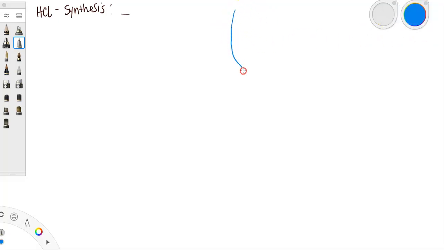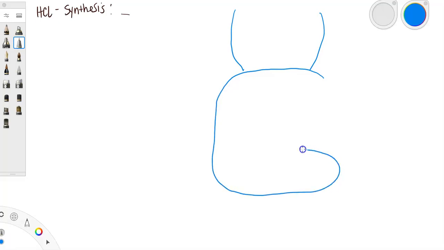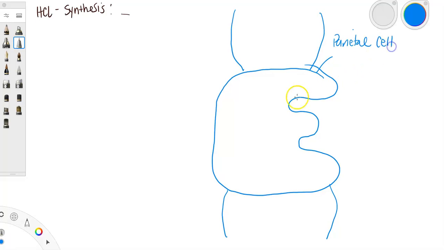So like we have a cell here, whatever that cell is, and then now we have a parietal cell. Okay, so this is the parietal cell, and that's where hydrochloric acid synthesis occurs.